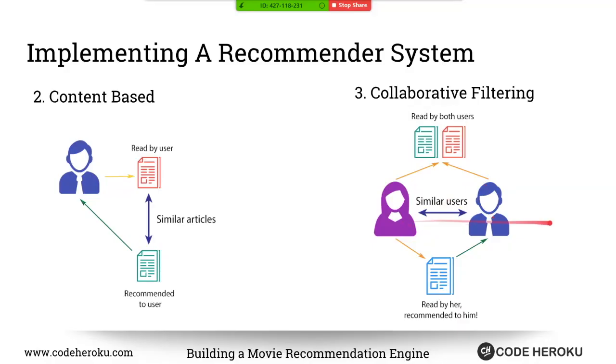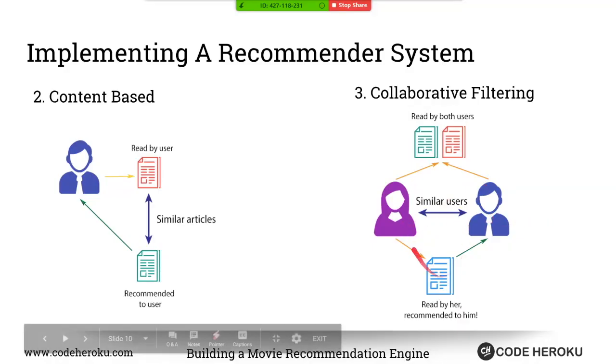And now, because these two are similar profiles, if there is another item which is read by her, this user might like it as well. So this works both ways. If the blue person reads it, it will be recommended to this girl, or vice versa, right?